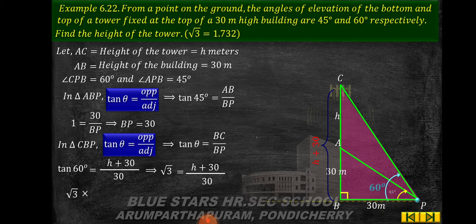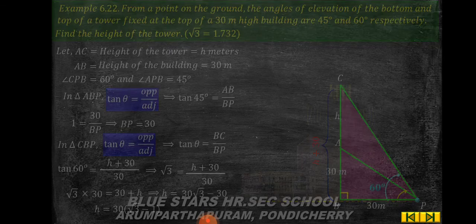So root 3 into 30 is equal to H plus 30, or 30 plus H, which implies H is equal to 30 root 3 minus 30. So you can take 30 common out.